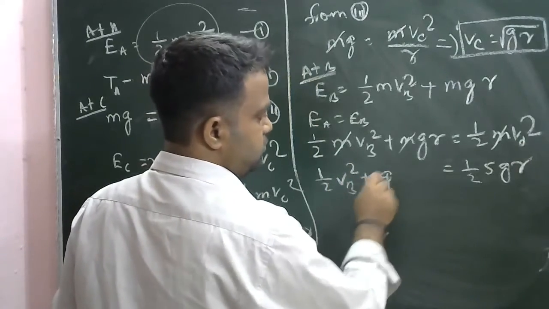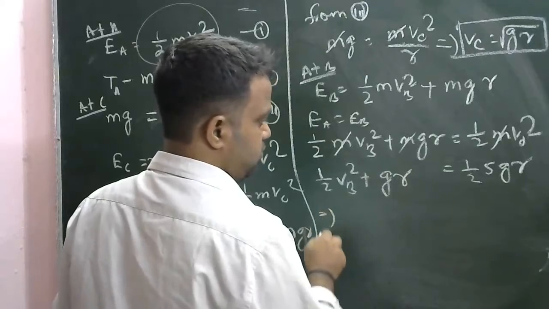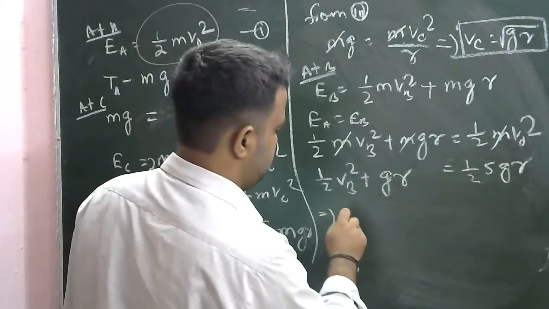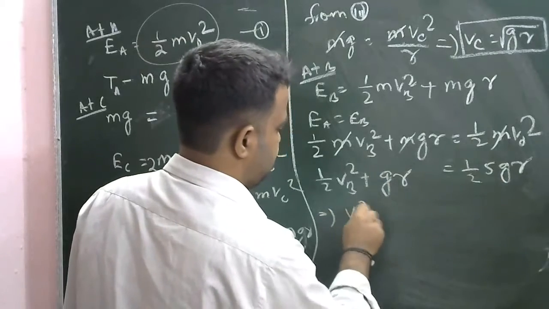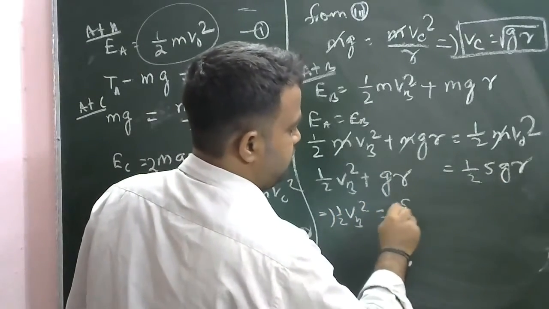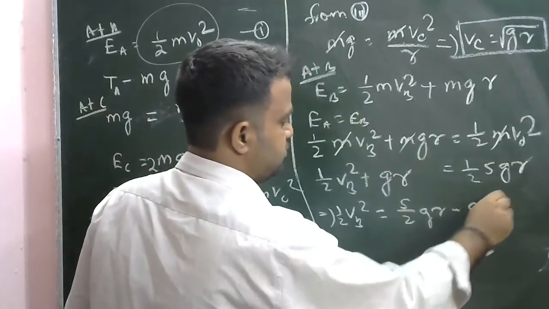If I take GR to the right side, then half VB square is equal to 5/2 GR minus GR.